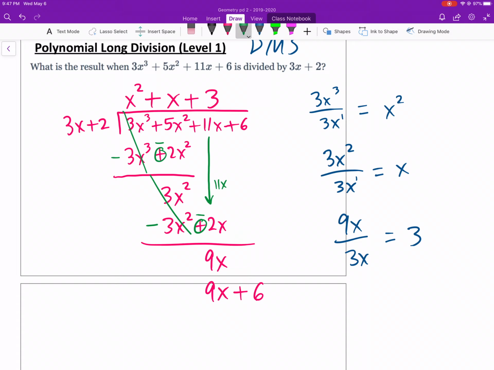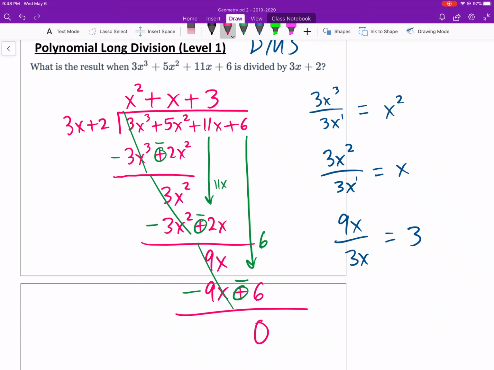Change your signs for subtraction. And don't forget to bring down this 6. 9x minus 9x, that's gone now. And what we're left with is we brought down a 6, and we have a minus 6, so you have nothing left over. 6 minus 6, 0.